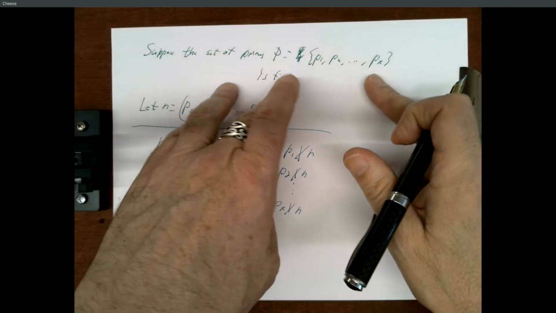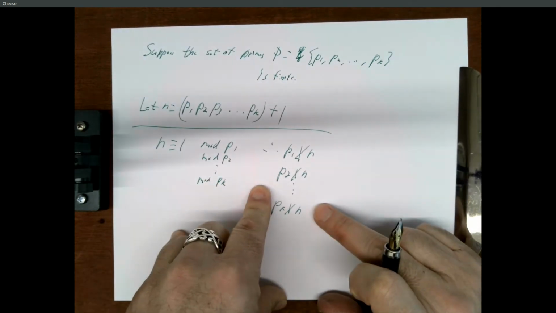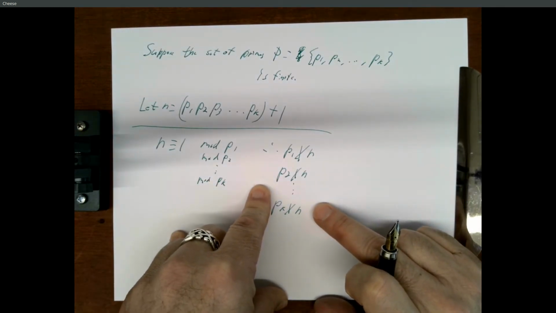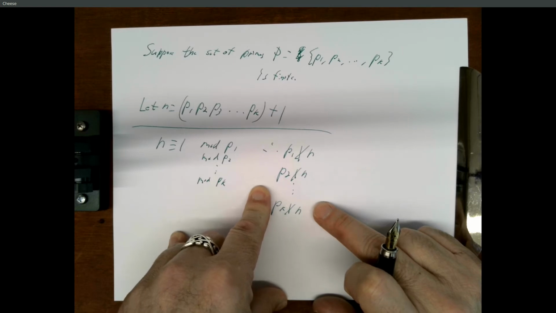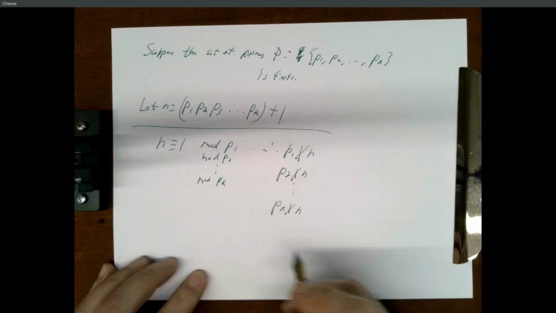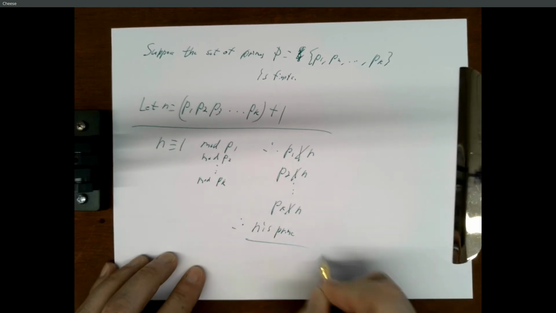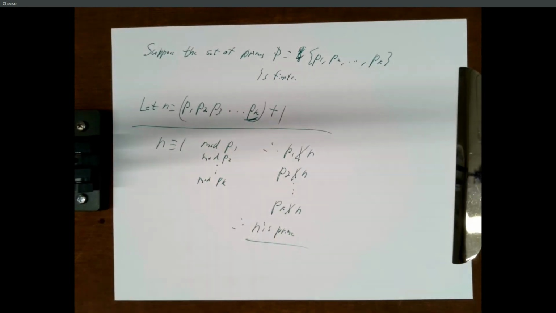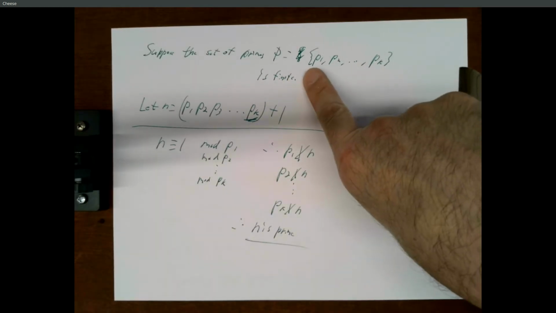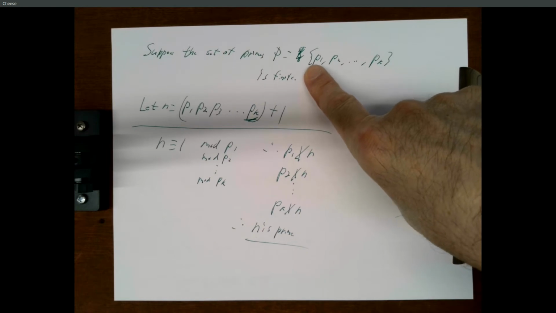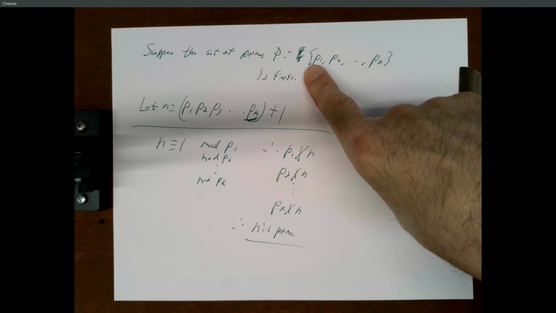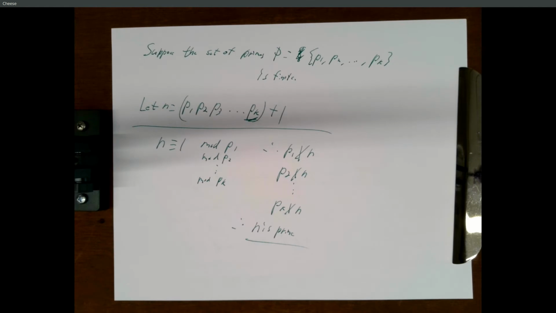Well, if these are all the primes in existence, n is not divisible by any prime number. We can show from there n is not divisible by anything other than itself and 1. So this would mean n is prime. But n in particular is bigger than each of our prime numbers, and so n is not a member of P, and that's a contradiction. So if there were a finite set of primes, you just multiply them all together and add 1, and one of two things happens.